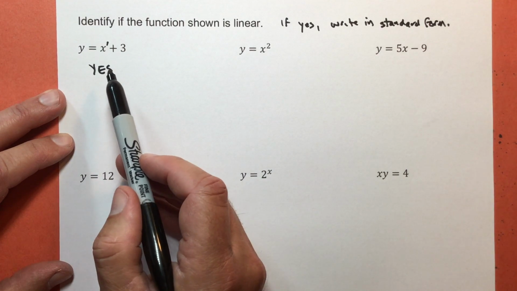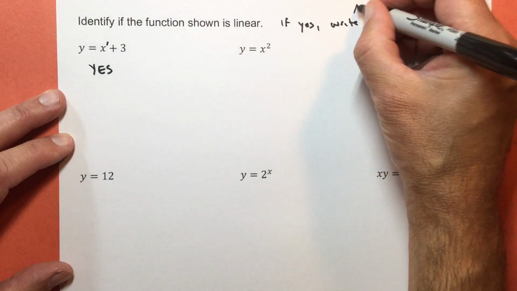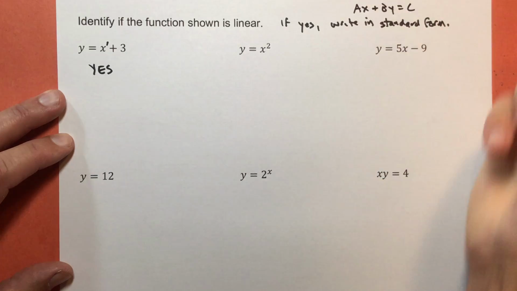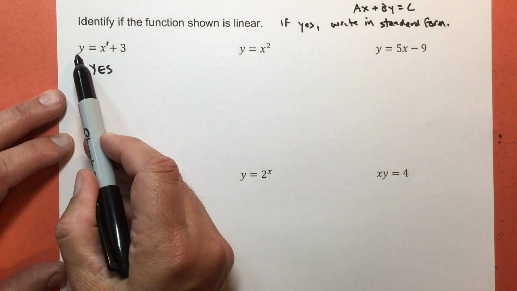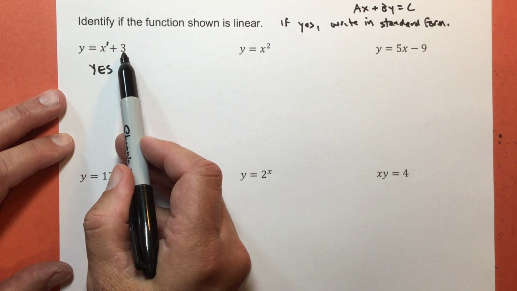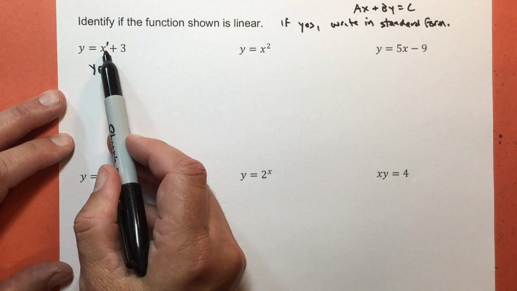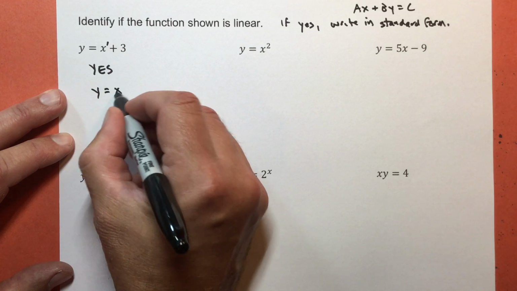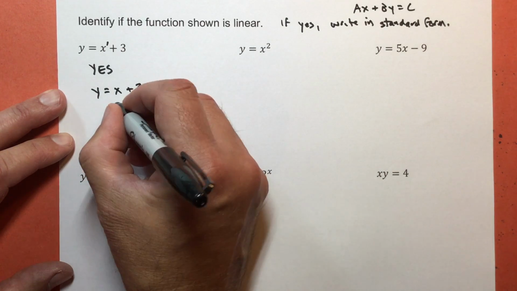So standard form, I'll put it up here, was something times x plus something times y equals something. So it looks good. The y is on the left side, and I've got that number 3 on the right side. The x is in the wrong place. So I'm going to do y equals x plus 3.